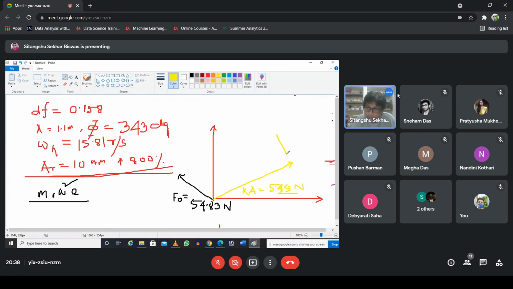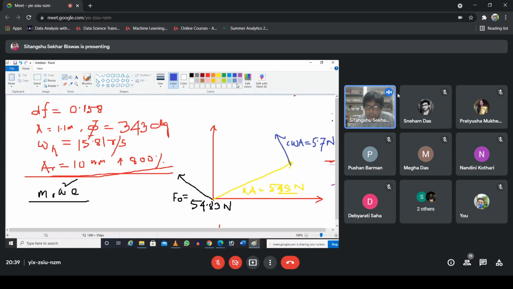And this part, what was that? C omega A. What is this? 5.7 Newton.